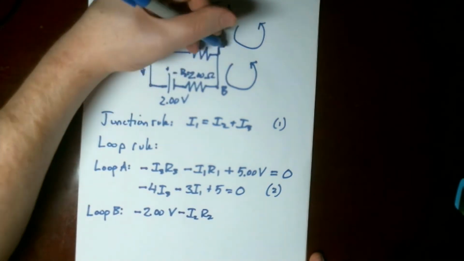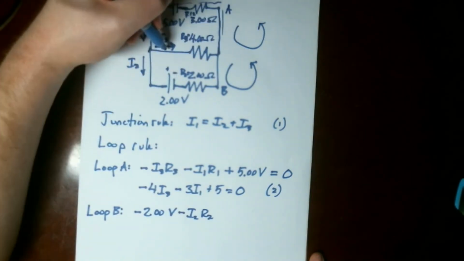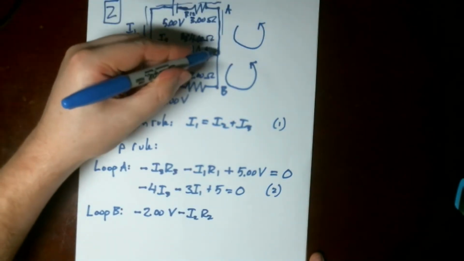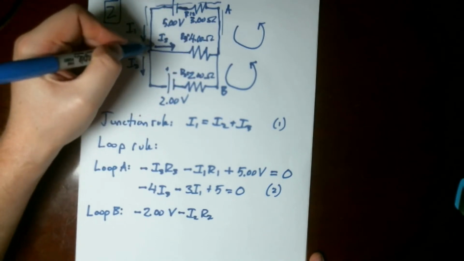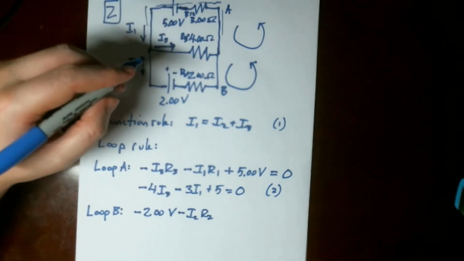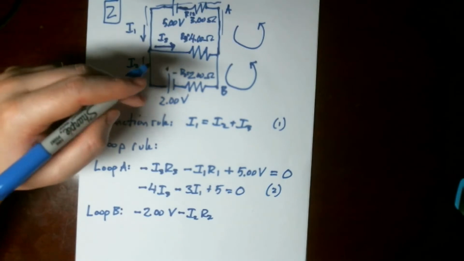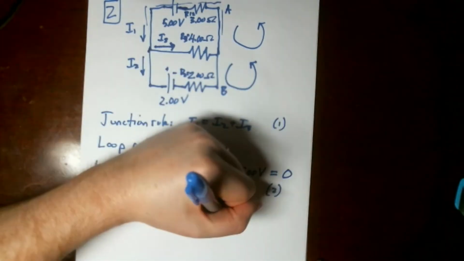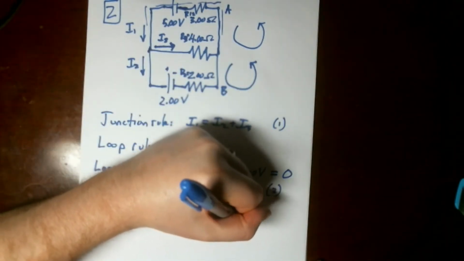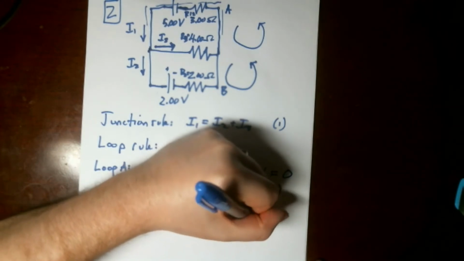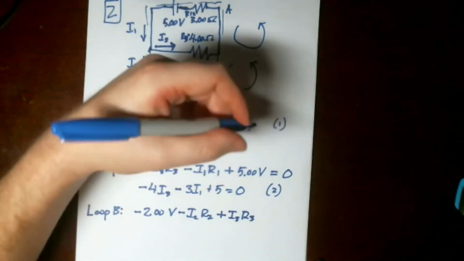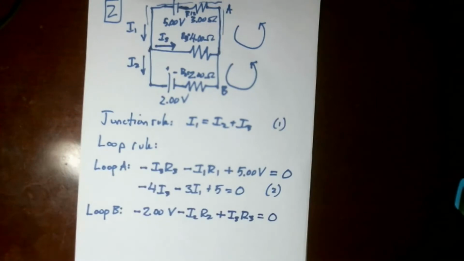Loop around, and now we're going through the middle branch again, but this time in opposition to current 3. So instead of losing I3 R3, we'll actually gain I3 R3. And that's loop B, and that sums, again, to 0.